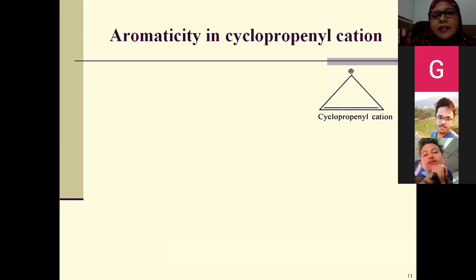It has a planar structure. Whether it has alternate double and single bonds? Yes, students, tell me whether it has alternate single and double bonds. No. Okay. You cannot see alternate single and double bonds, but I will tell you afterwards. But still, this compound is aromatic in nature.